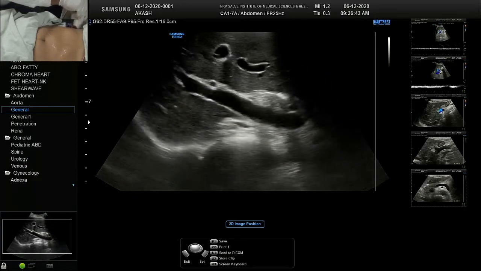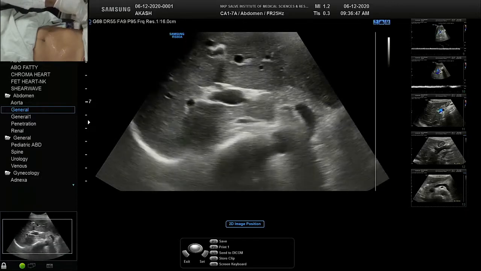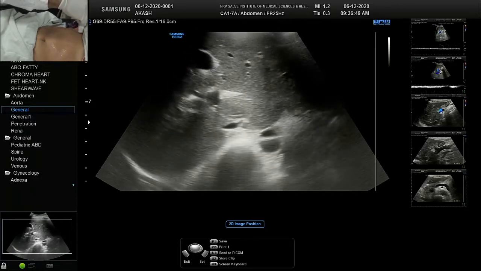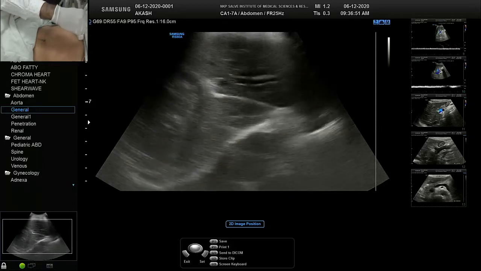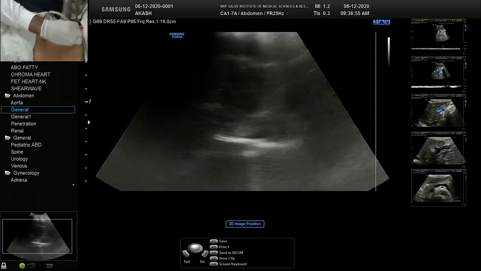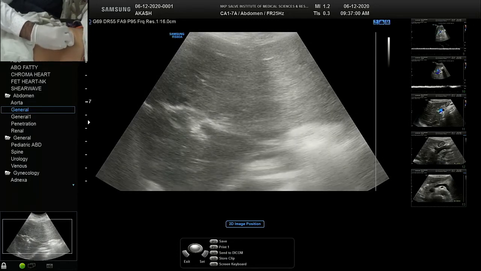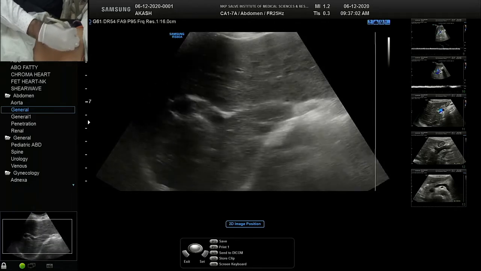So that's the portal vein branching. So right, and the left. We'll adjust our B scan settings.